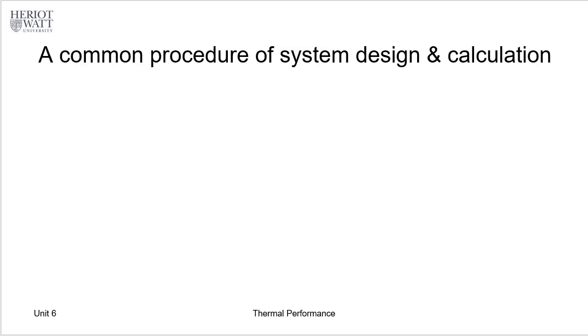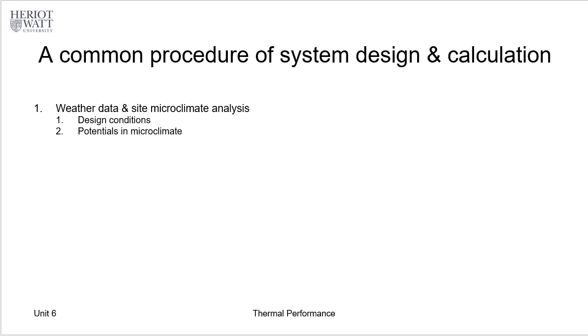Now let's have a look at a common procedure of system design and calculation. There is a list of steps we need to go over. The first one is obviously to look at the weather, because the indoor condition is totally dependent on outdoor ones. So therefore, we need to analyze the weather of the location where the building is located, and then see if there are any potentials we can use.